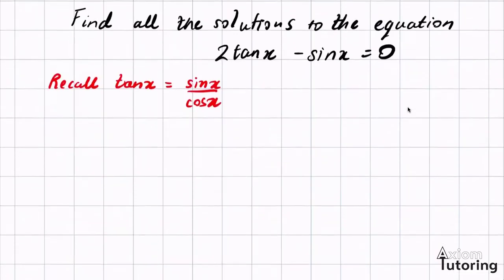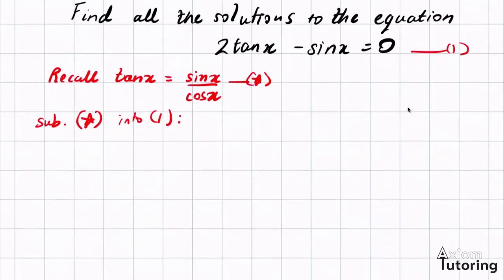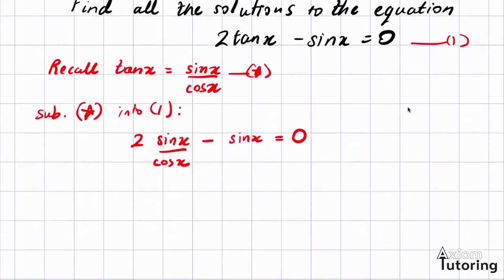So we can rewrite this initial equation: substitute tan x equals sine x over cos x into our original equation there. And we get 2 sine x over cos x minus sine x equal to 0.